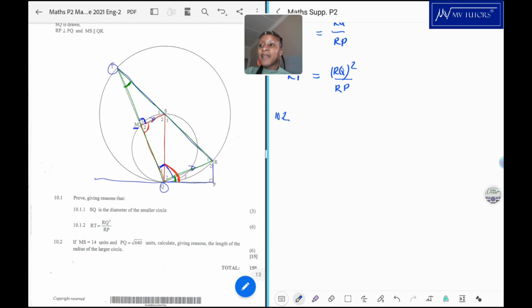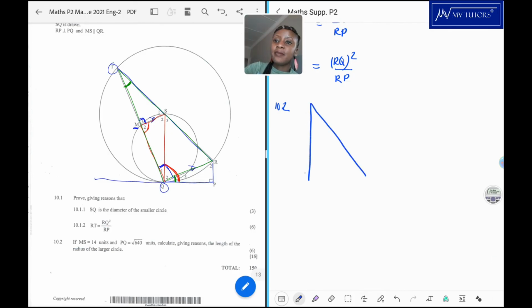Now they're saying if MS is 14 units. Okay, let's redraw it again. Okay, this is MS, which is parallel to QR, and there's T. So now they're saying if MS is 14 units, PQ, I'm just going to put that in red, PQ is equal to root 640.